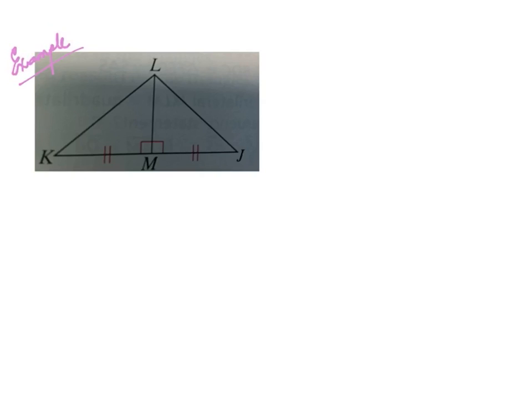Let's see. I'm going to look at what's being given to me. I know that this side, KM, is congruent to this side right here, JM. And I know this is the right angle.